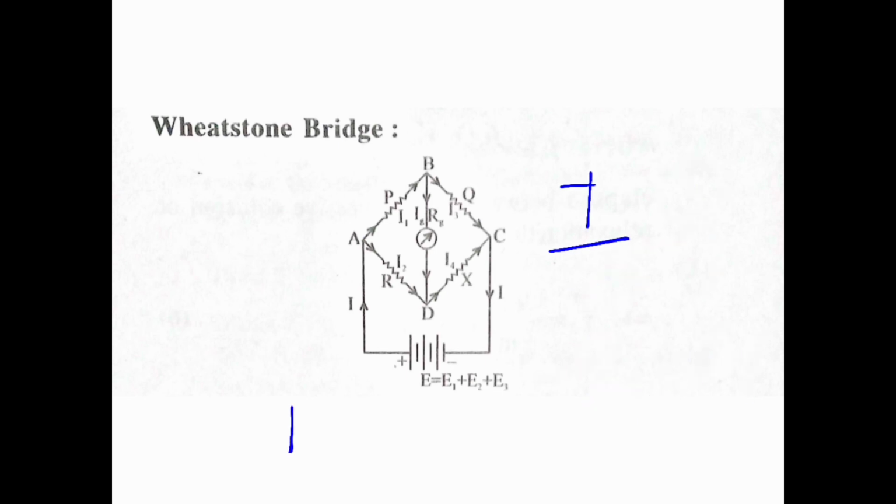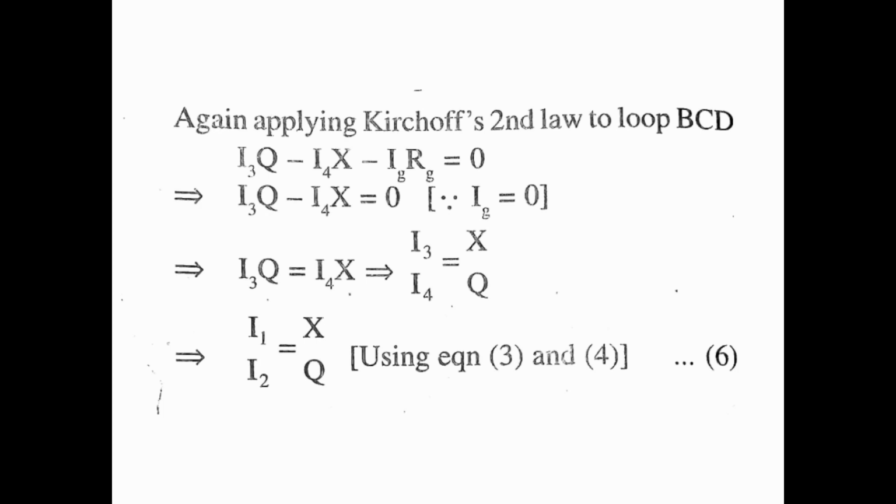Putting IG is equal to 0, we get I3Q minus I4X is equal to 0. This is the second condition. I3Q is equal to I4X, I3 by I4 is equal to X by Q.